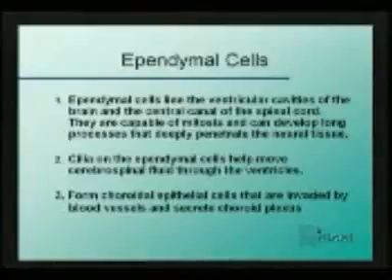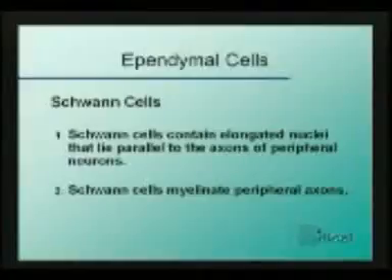Finally, ependymal cells line the ventricular cavities of the brain and the central canal of the spinal cord, and their job is to maintain the integrity of the ventricular system. And where the ependymal cells are invaginated by choroidal blood vessels, these areas of ependymal cells become modified and form choroid plexus, in particular areas of parts of the ventricles of the CNS that are involved in the production and secretion of cerebrospinal fluid.